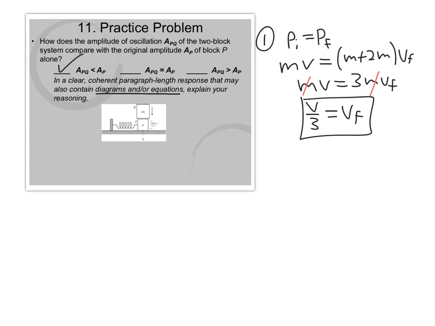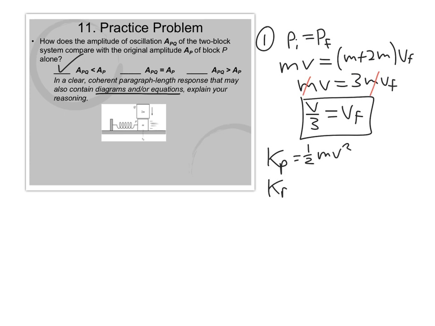In terms of amplitude, amplitude really relies on an energy thing. If we think about the energy that we have, initially when it was just P, our energy was 1/2 mv squared.